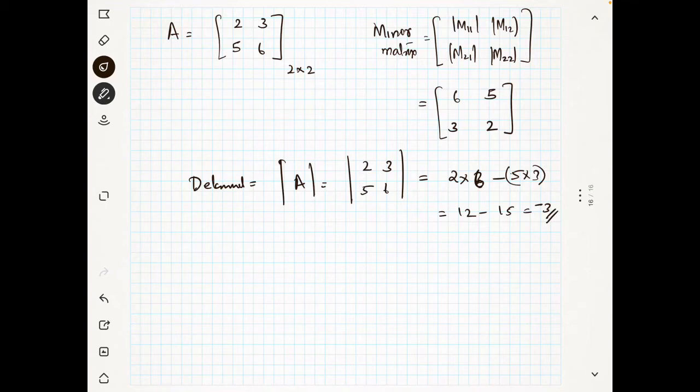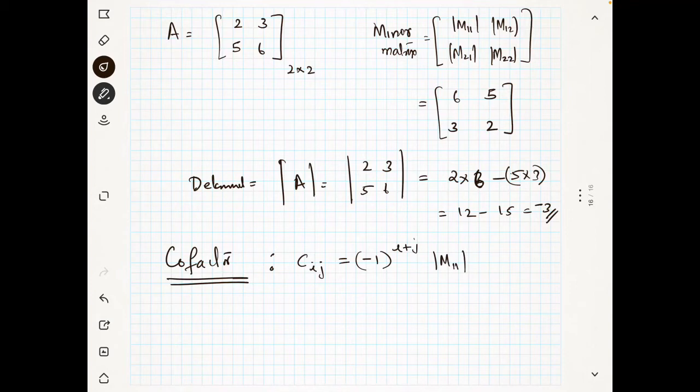Now you see there is one more thing which is known as the cofactor. For the position we will be assigning a sign. So the cofactor Cij of the elements in the matrix is given as -1 to the power i plus j into the minor.